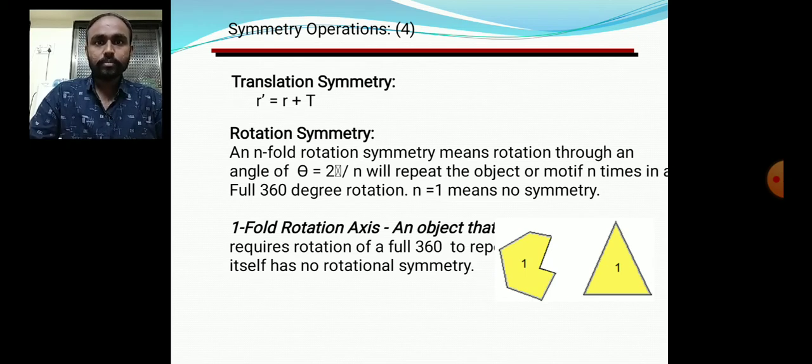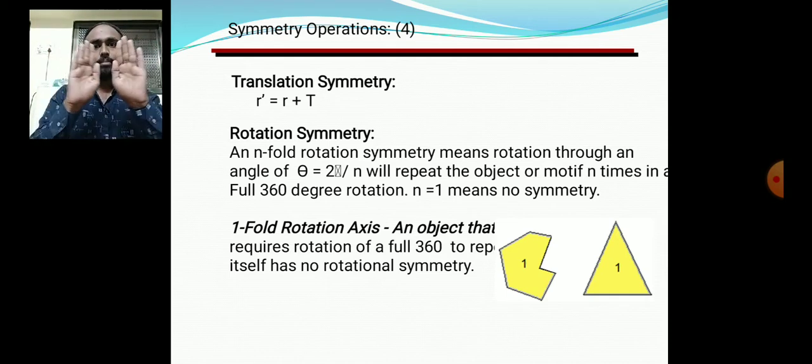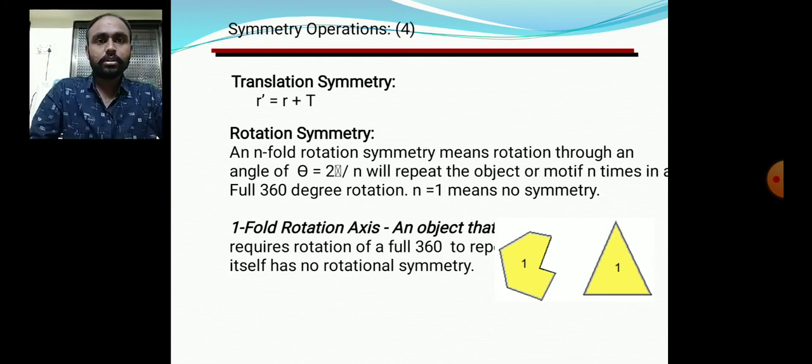So nature always loves symmetry. The best example is our body, which is symmetric along this axis. If we cut it, all the parts will be exactly similar on both sides. That is what we call symmetry. I have two hands and both hands are identical, one is on this side, one on this side. That is the symmetry.